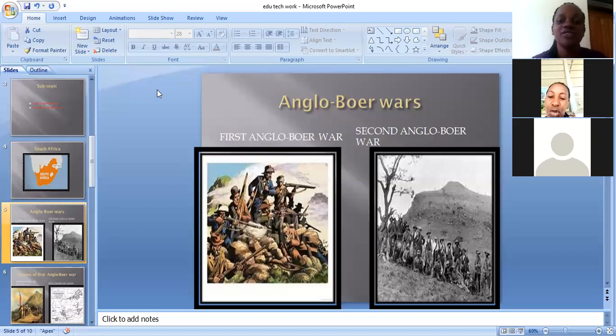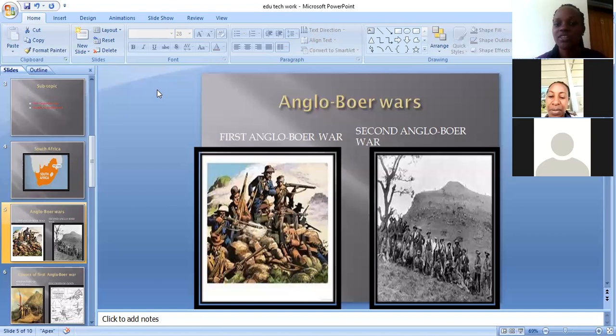Yes, I think it is like they were at war. Because when you're having a gun and you're in big numbers, it can't be expected to be a thing where there is harmony, but instead there is war. So that is what you can use to explain the first Anglo-Boer War in that diagram.